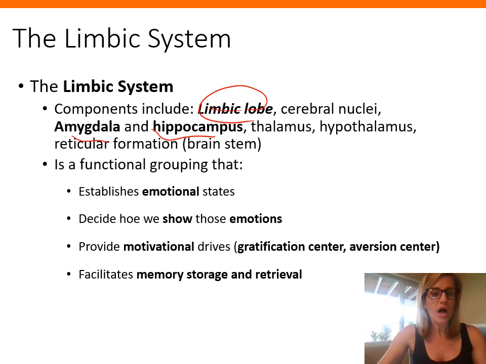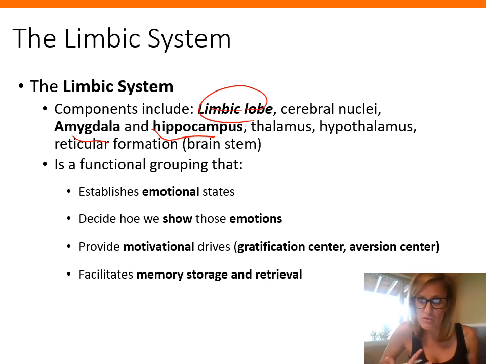The function of the limbic system obviously has to do with our emotions. All of these components work together to establish our emotional states, or how we feel. Also how we react to those feelings, or how we show those feelings. And all people do this a little bit differently, right?